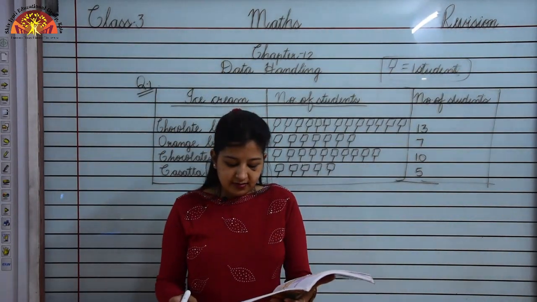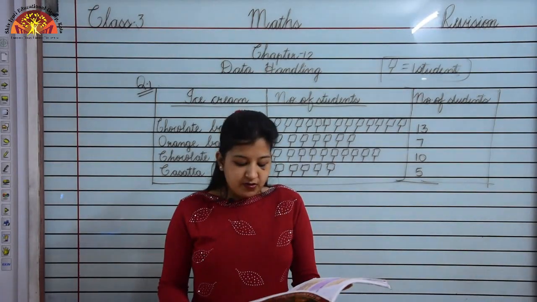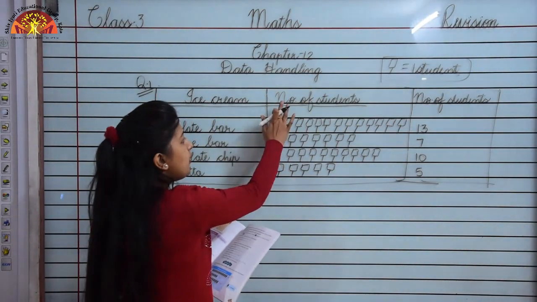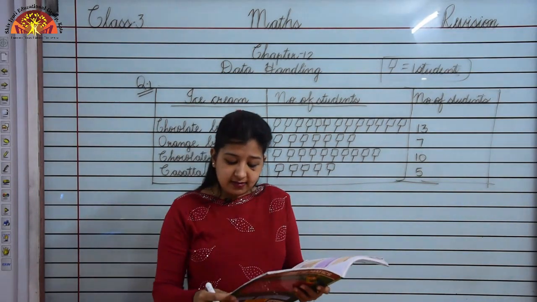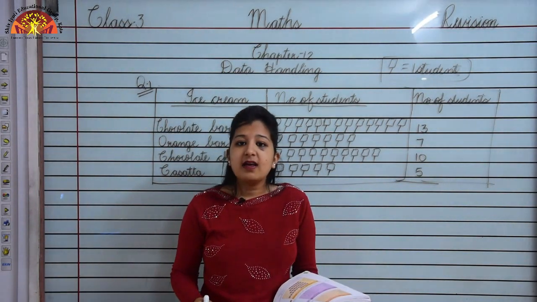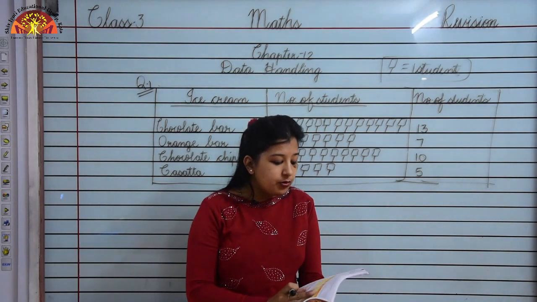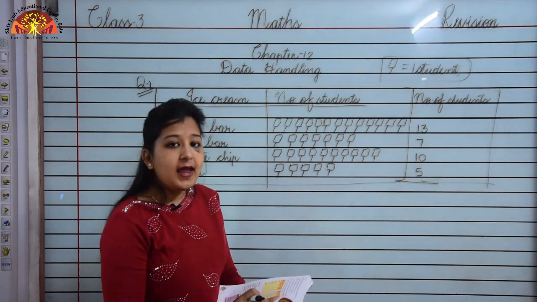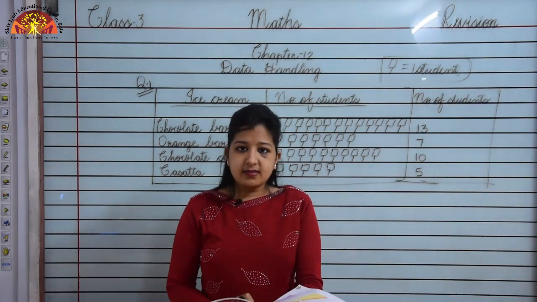So students, in question number 1, we have one pictograph which is divided into two parts, and this pictograph shows the different types of ice creams the students of a class like. So what we have to do? We have to read the pictograph and answer the following questions, which are on page number 170.